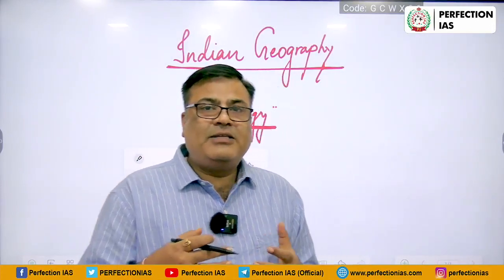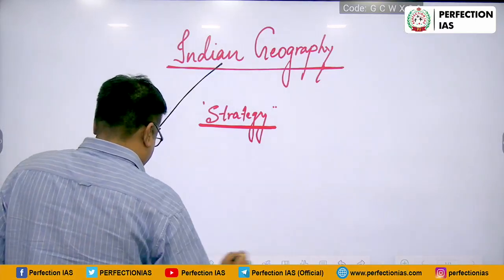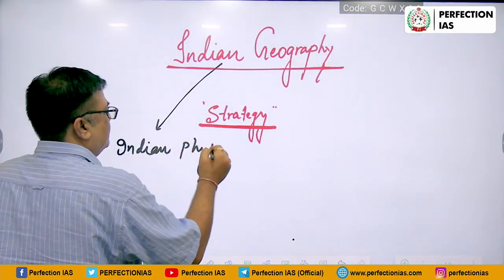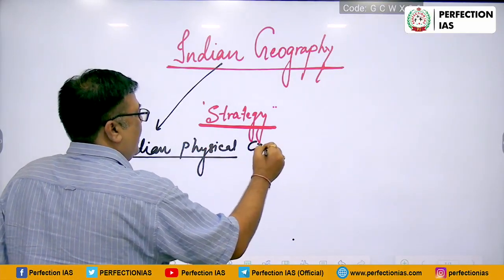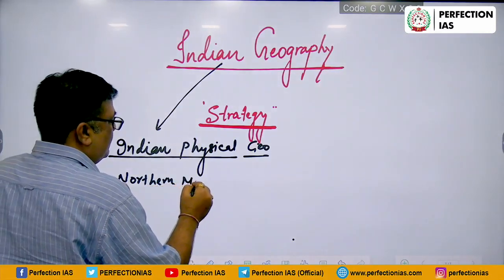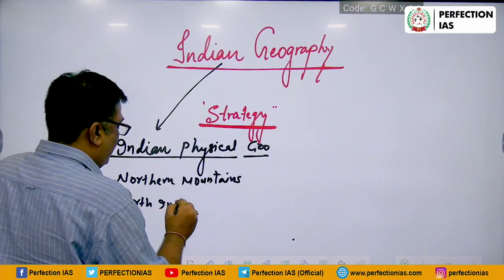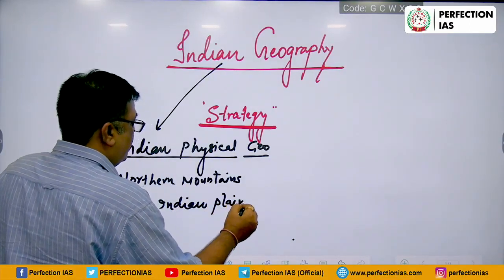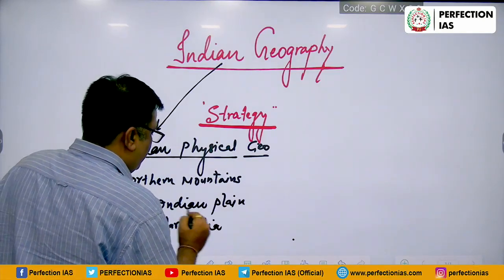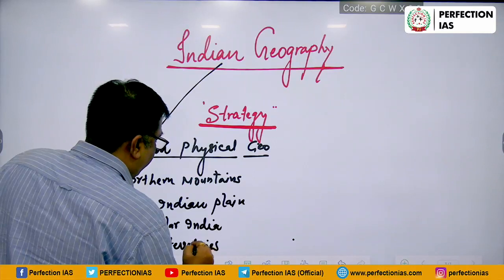So now let us see how we should cover physical Indian geography. In Indian geography, the main aspect is Indian physical geography, and here main emphasis is there on the northern mountains, North Indian plain, and peninsular India, and finally island territories.